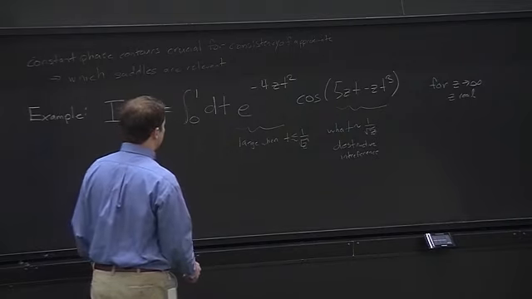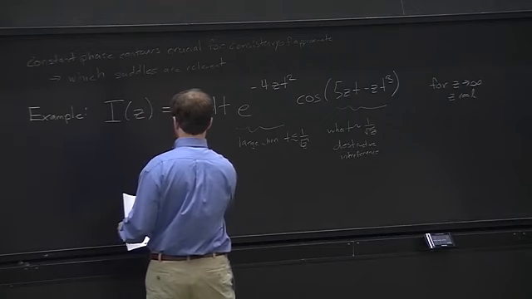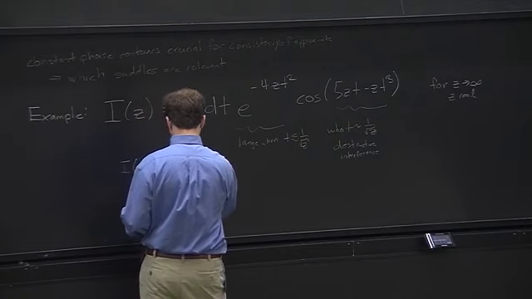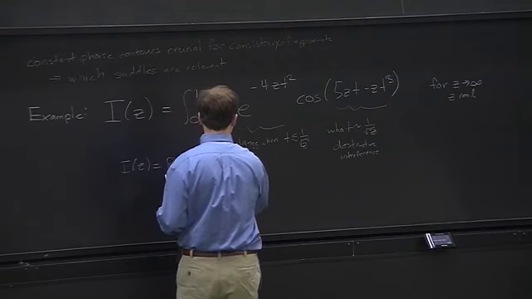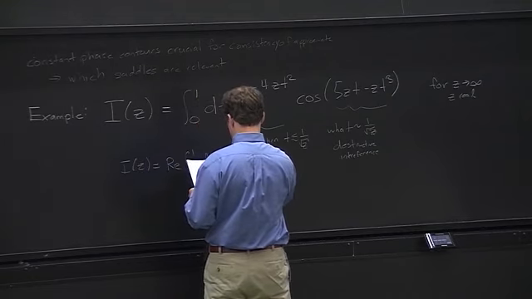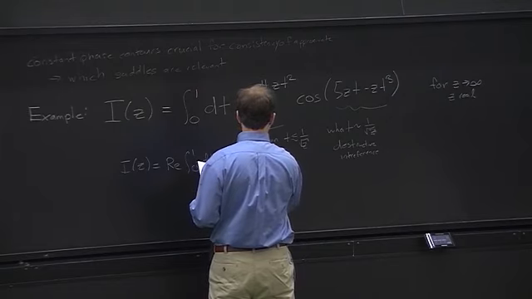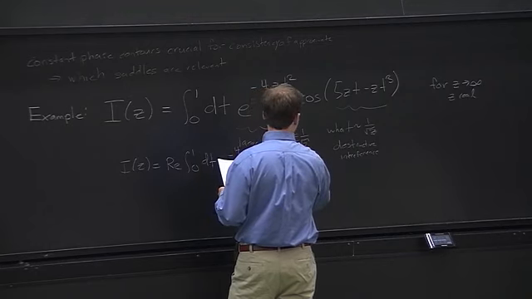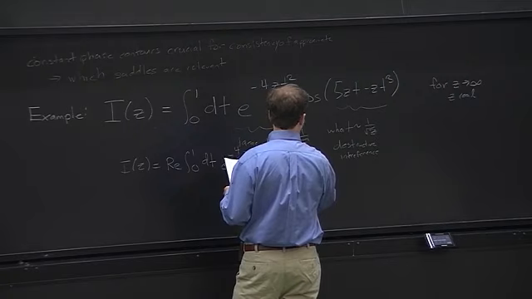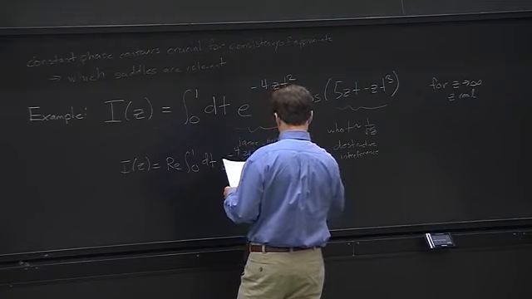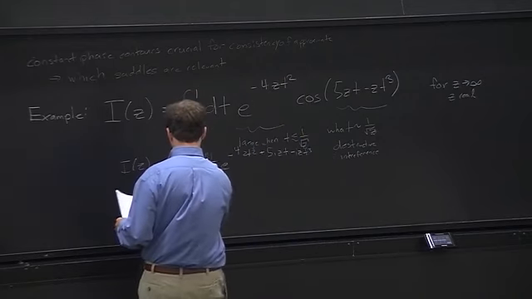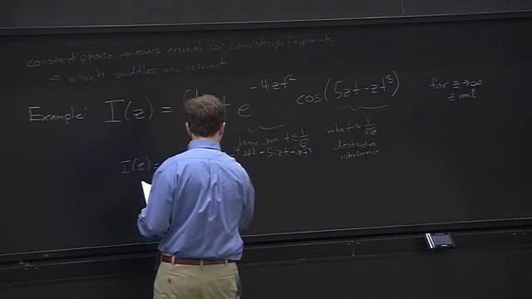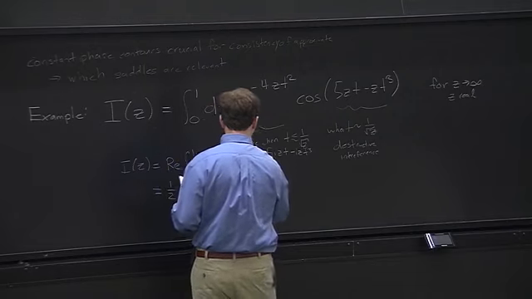So we can do that by noting that I of z is the real part of the integral of e to the minus 4zt squared plus 5i zt minus i zt cubed. Which by symmetry is a half the integral from minus 1 to 1 of the exponent of the same thing.